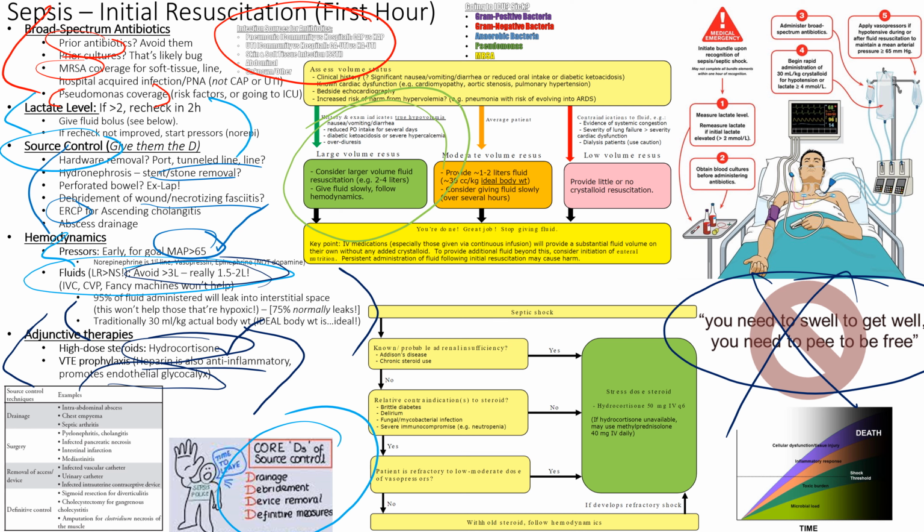Okay, and when you give normal saline to a healthy person, like I think all of us are healthy right now, if you get 1 liter of normal saline, 75% of it is going to leak into our periphery. All right, so that's the best it can do. So that's why giving fluids is really dubious. In the first 6 to 24 hours, it can have good outcomes, but you definitely don't want to overdo it because it can cause a lot more complications.